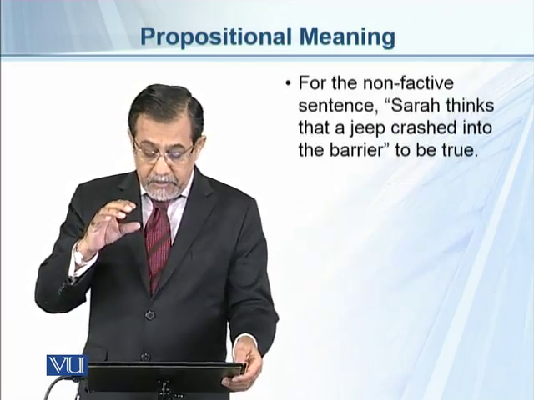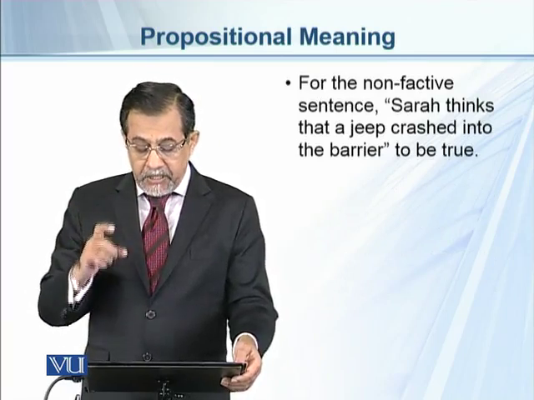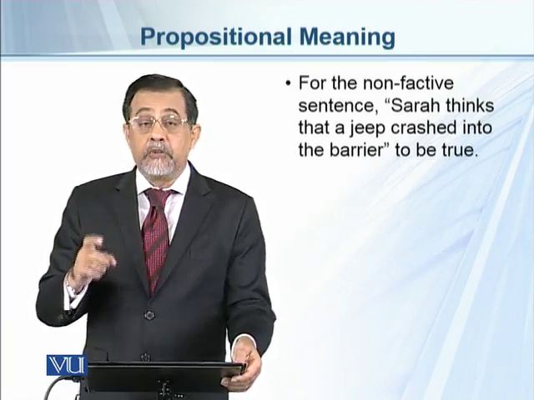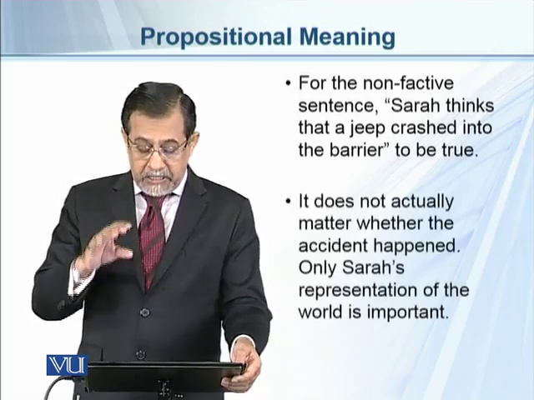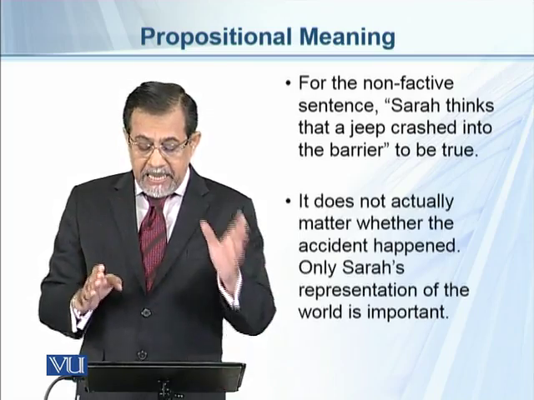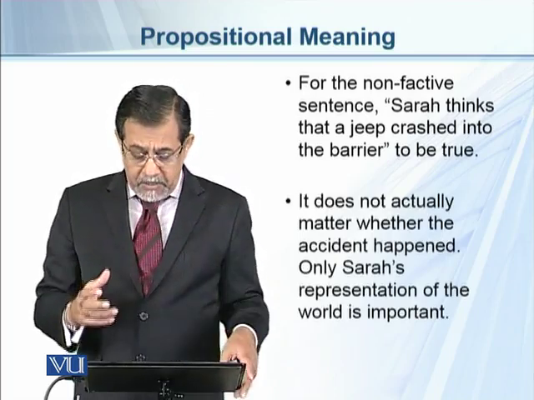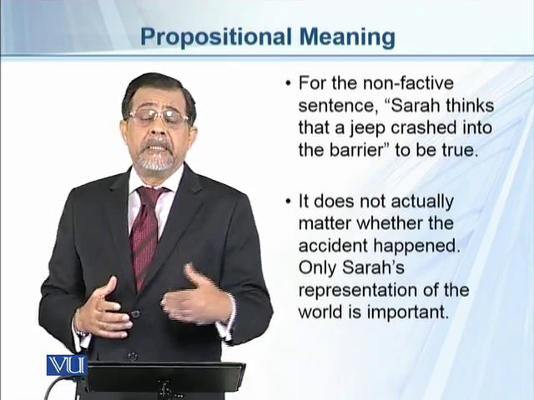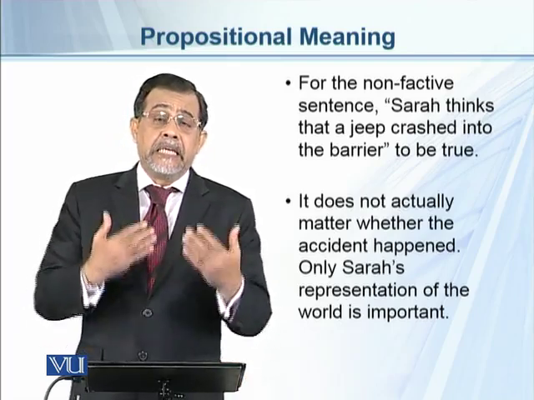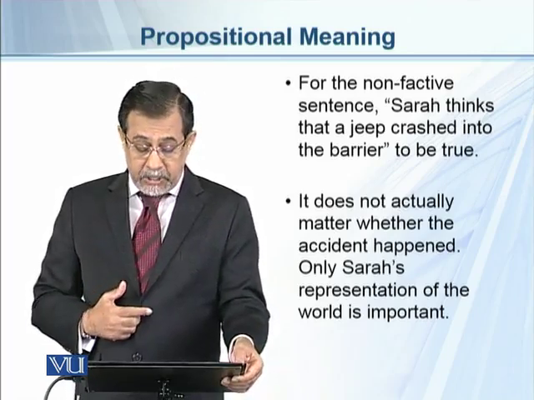For a non-factive sentence, Sarah thinks that a jeep crashed into the barrier, to be true, there is no such case. It does not actually matter whether the accident took place. Only Sarah's representation of the world is important. In this sentence, Sarah is giving her opinion about a certain action.